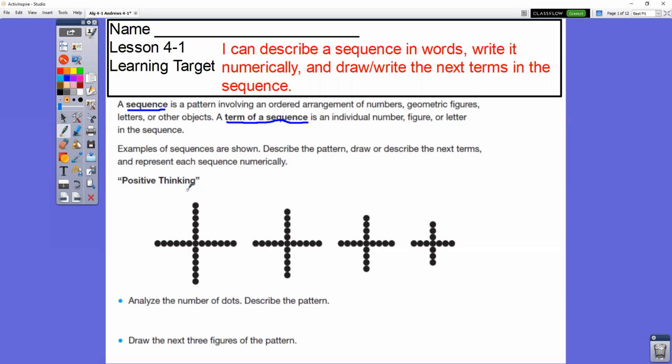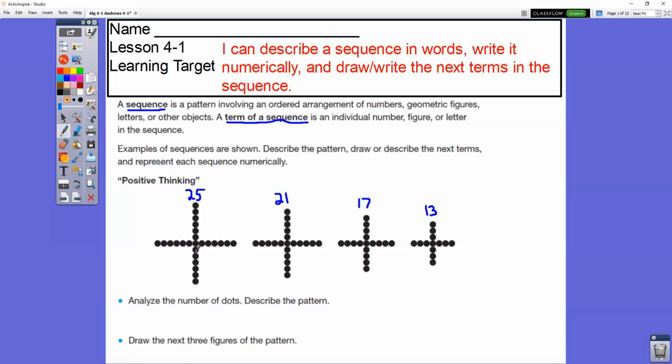So just to save us some time, this picture has 25 of the little dots. This picture has 21. This picture has 17. This picture has 13. If you take a look at the pictures each time, what exactly is happening? Well, to get from 25 to 21, we're subtracting by 4.